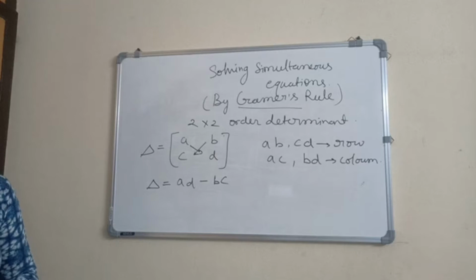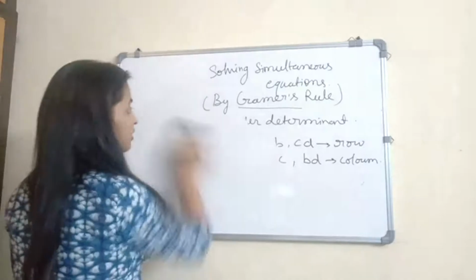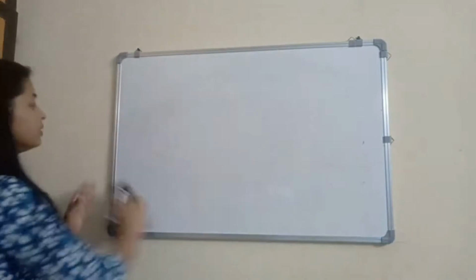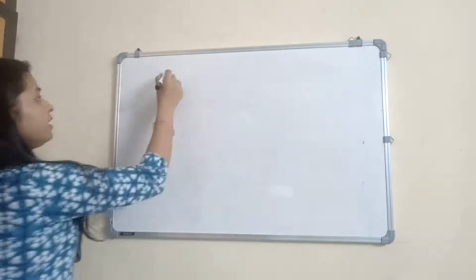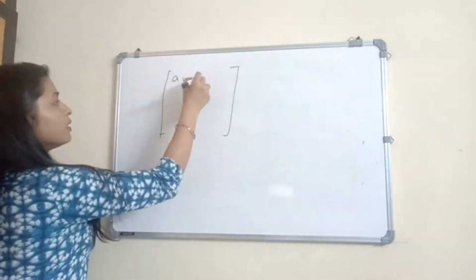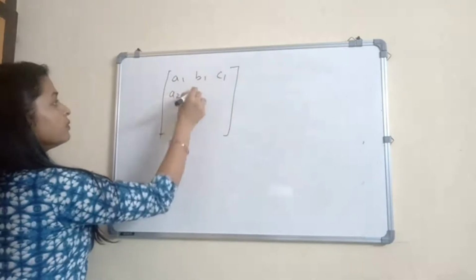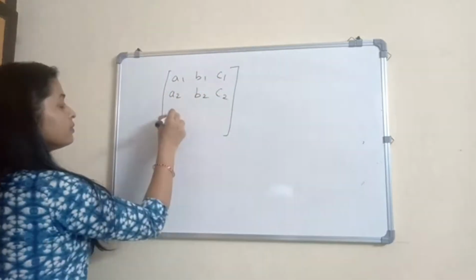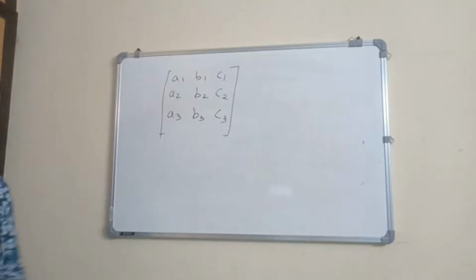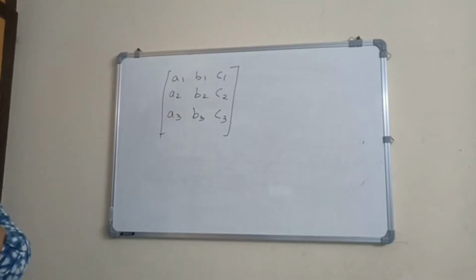Let's take a third order equation. So what happens when a third order equation comes? How can I solve a third order equation by using Cramer's rule?